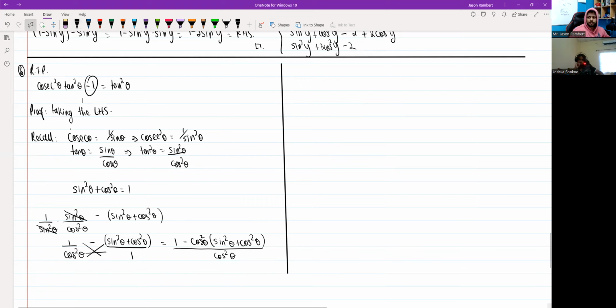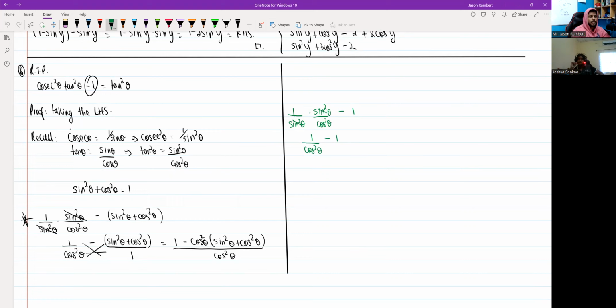I'm going to have, continuing from this line here, 1 over sine squared theta multiplied by sine squared theta over cosine squared theta minus 1. Bam, bam. 1 over cosine squared theta minus 1.